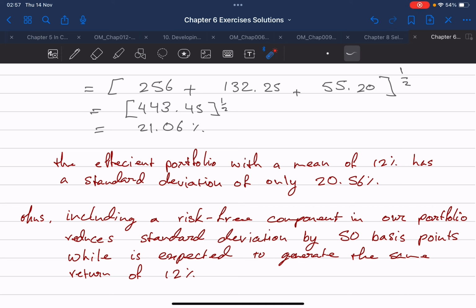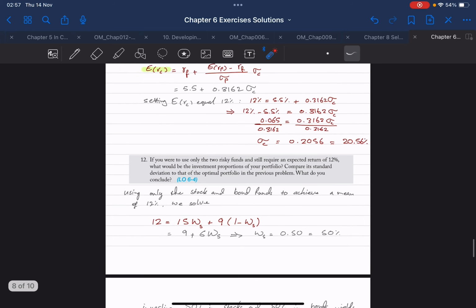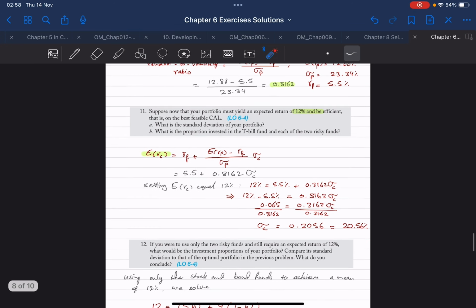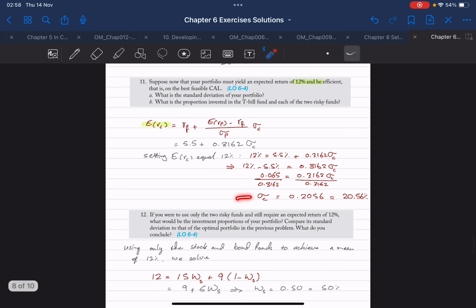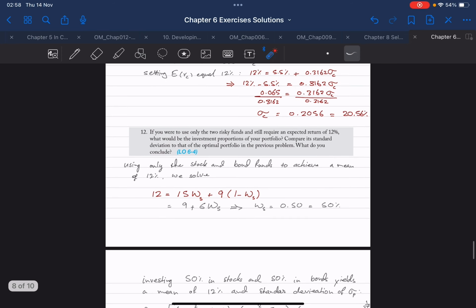Okay, I hope you found this video useful. We have answered 3 questions in this one. Again, we calculated the reward to volatility ratio, which is Sharpe ratio. Okay, we found the expected return on a complete portfolio that includes a risk-free asset, and we found its standard deviation as well. And then we assumed that we are constructing another portfolio without the inclusion of a risk-free component.